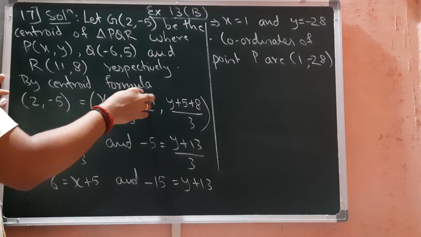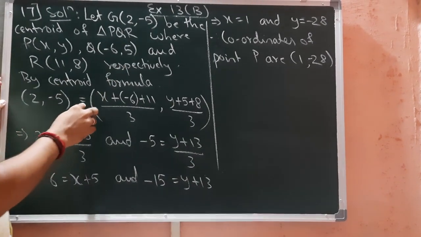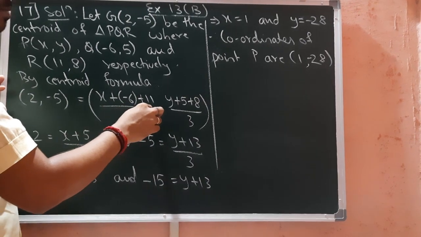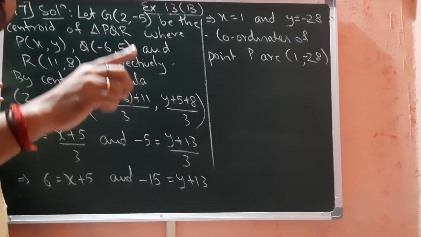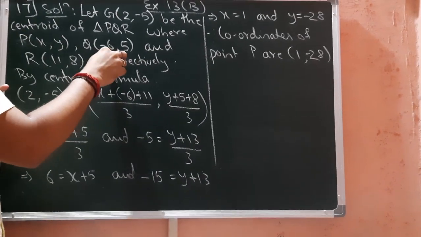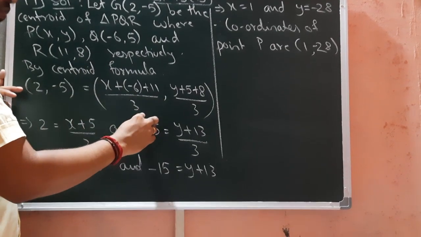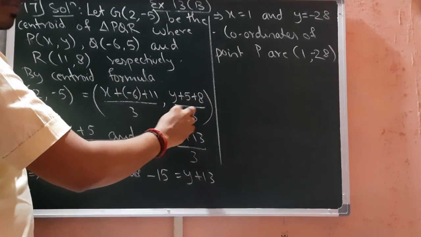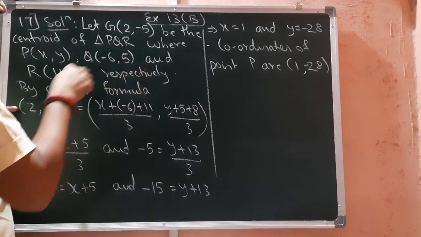So by the centroid formula, the centroid they have already given. So (2, -5) is equal to the centroid. What is the centroid formula? (x1 + x2 + x3)/3. So here x1 we have x, x2 we have -6, and x3 we have 11. So (x + -6 + 11)/3. Then (y1 + y2 + y3)/3: y1 we have y, y2 we have 5 and y3 is 8.